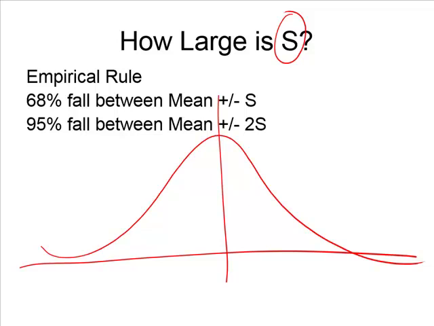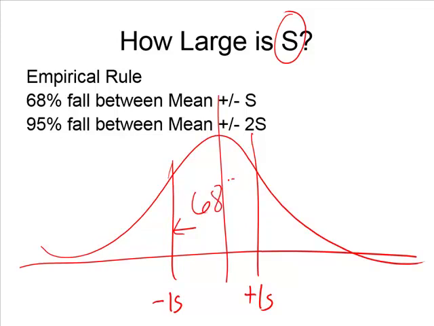So again, you've got to just sort of get into this practice. I'm going to draw a line. It's going to be plus 1 and minus 1 standard deviation. 68% of it's going to be there.